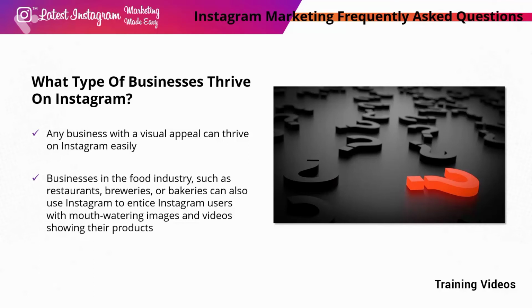Businesses in the food industry, such as restaurants, breweries, or bakeries, can also use Instagram to entice users with mouth-watering images and videos showing their products. Electronics stores can also leverage Instagram to upload sleek pictures of their products. In short, you can thrive as long as you have a cool product or service to show on camera.